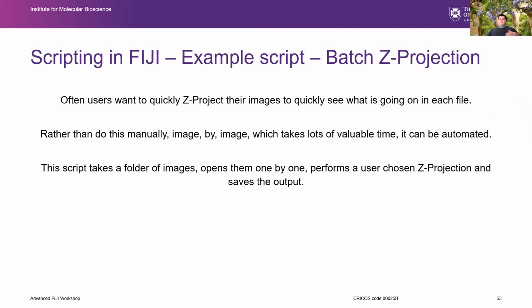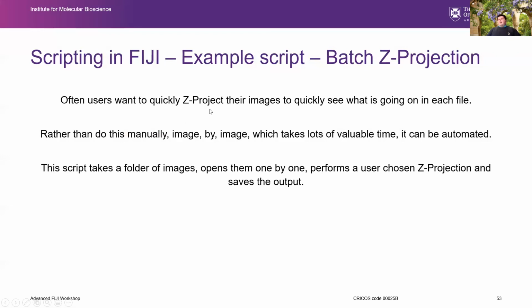Sometimes we might want to perform a minimum projection, or we might want to perform a sum projection. This way, we can do it using a script, and it'll be a lot more lines of code than in the batch processor, but it gives us a bit more flexibility. And you might want to take this code and use it in your own workflows so that you can quickly batch project lots of images.